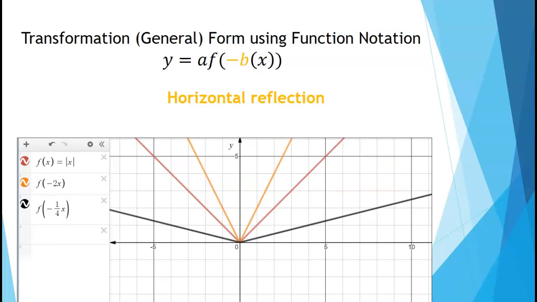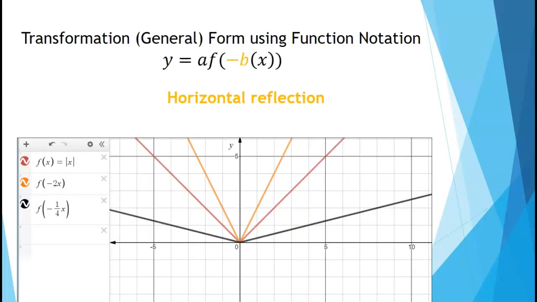But because the absolute value function is symmetrical, you don't see any visible change unless there's also a b value, like in our case, a negative 2, which gives us a horizontal reflection, but it doesn't change the graph at all, other than to make it more narrow, or 1/4, which makes the graph wider. But we don't see the reflection because it's symmetrical, so it's just kind of reflecting on itself.